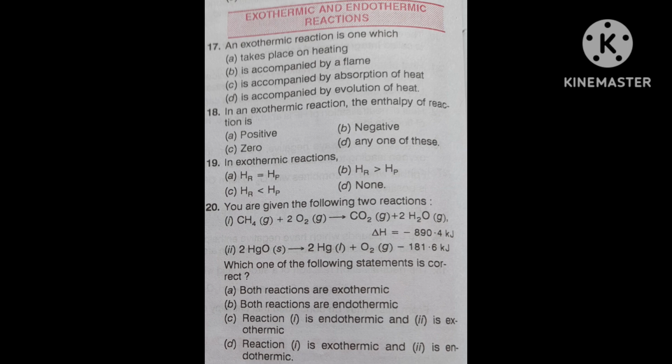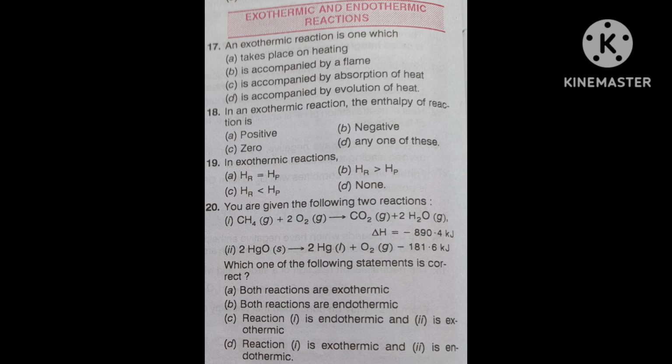Next question. You are given the following two reactions. First reaction is CH4, methane gas, plus 2O2, and the product is CO2 plus 2H2O, all gas, with delta H equal to minus 890.4 kilojoule.